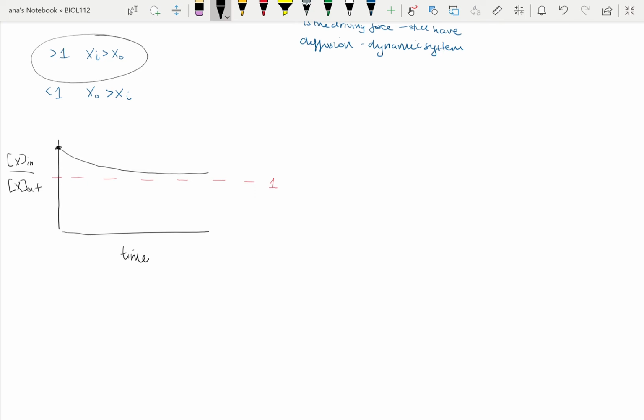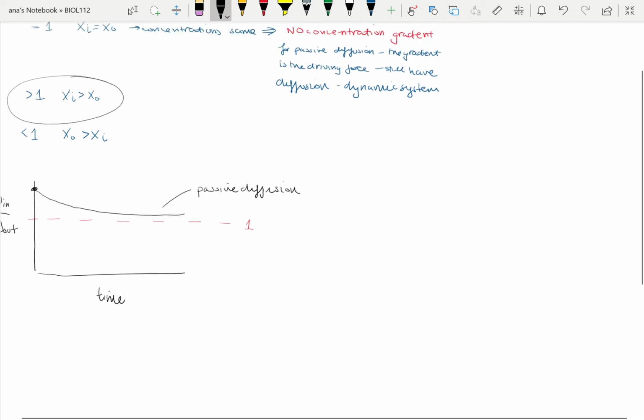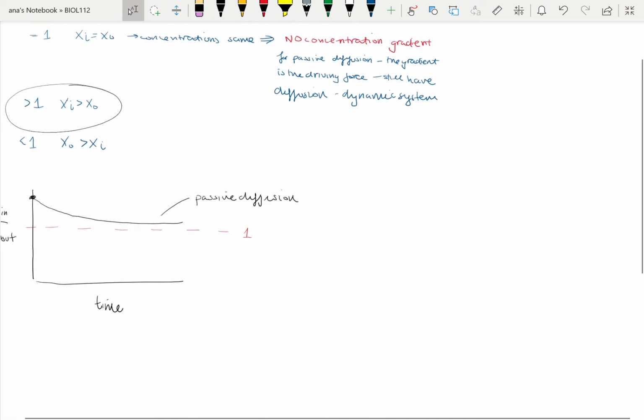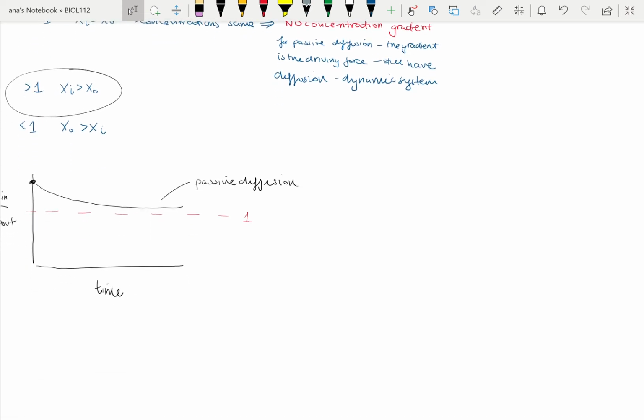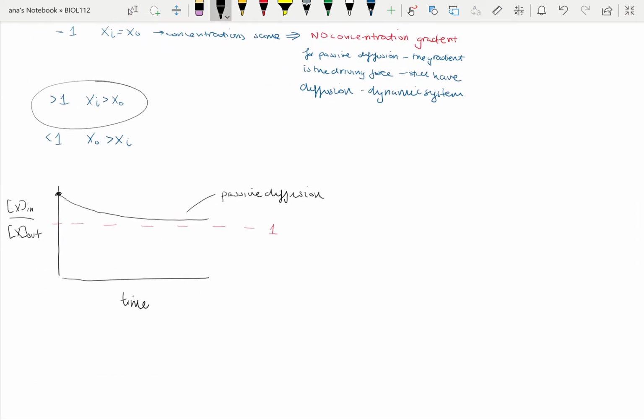In drawing my graph like that, and in showing that there's quite a bit of time where it's plateauing and not passing 1, I'm really describing passive diffusion. And remember when I said up here, I was talking about how really what's going on is that at the beginning you have this quite strong gradient, right?